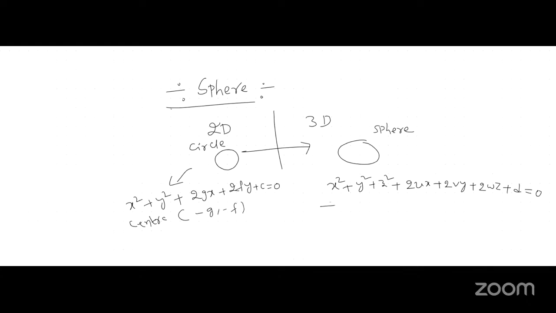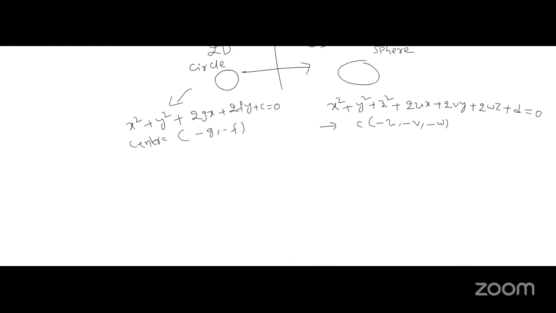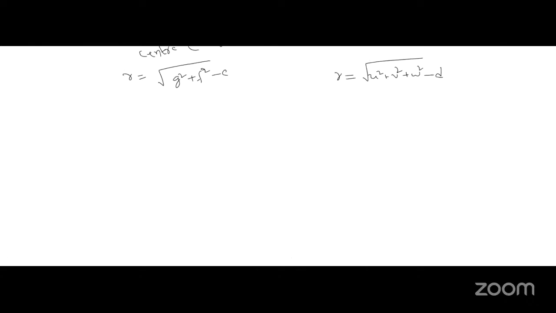Here the center C for the sphere is minus u, minus v and minus w. The radius r equals under root of g square plus f square minus c. Here the radius equals under root of u square plus v square plus w square minus d. So this is the difference between the circle and sphere.